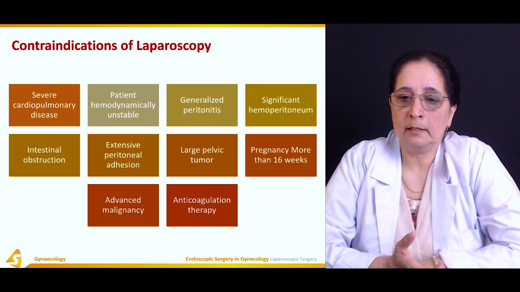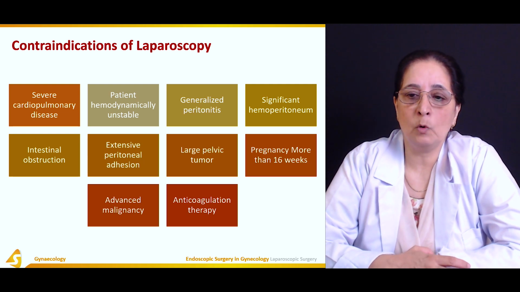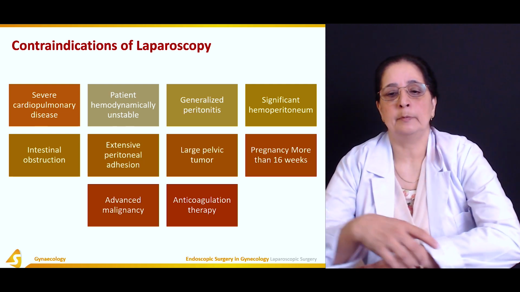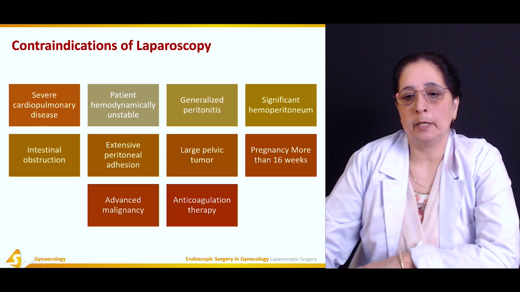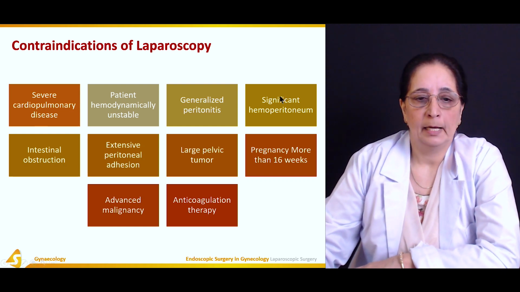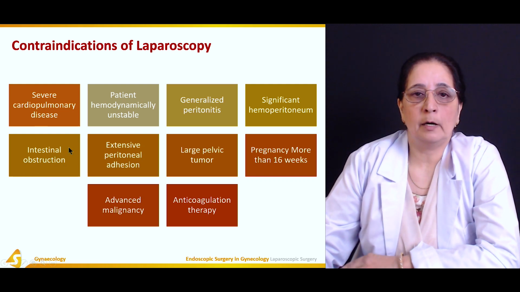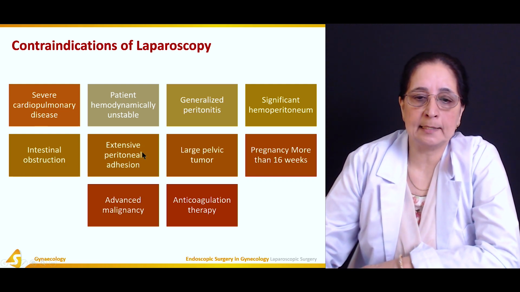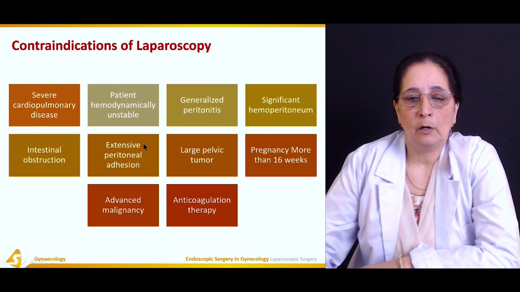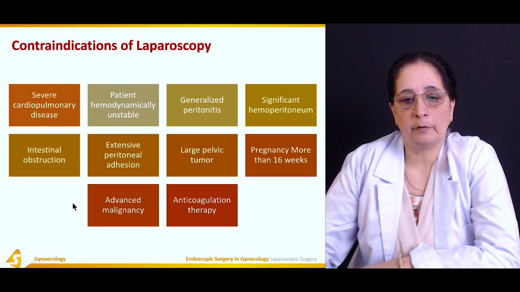Another contraindication is hemoperitoneum. If there is blood in the peritoneum, hemo is the blood. If there is any intestinal obstruction, or extensive peritoneal adhesions, laparoscopy cannot be performed.